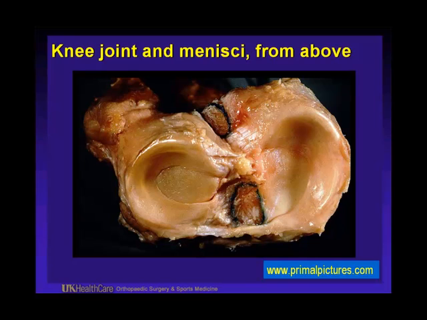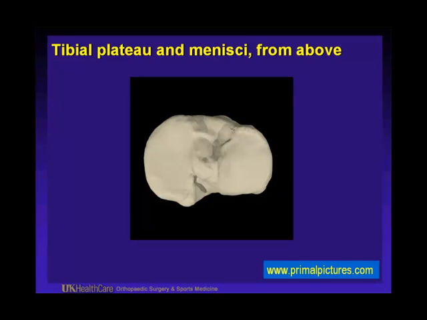Another bird's eye view. Here the lateral meniscus is on the left, medial meniscus is on the right. A primal picture shot, and they have many more examples of this that are very helpful to learn anatomy, which is very visual. So we look at this from the top.